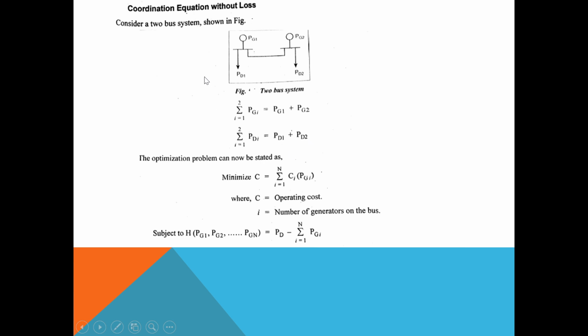The main objective of economic load dispatch is to minimize the fuel cost. So minimizing the fuel cost is the objective function. And what about the equality constraint, the power balance equation? Equality constraint is generation equal to demand, subject to H of Pg equal to Pd minus Pg.